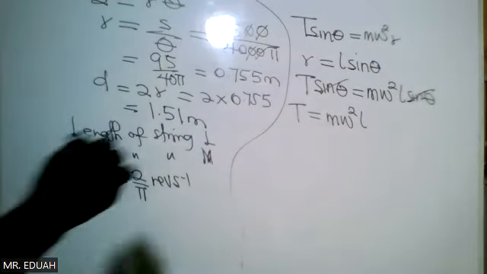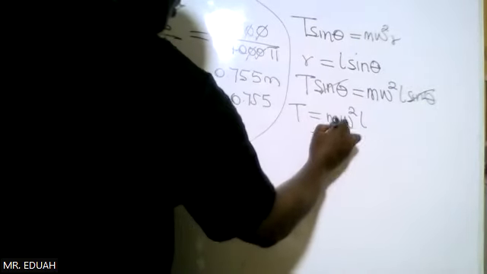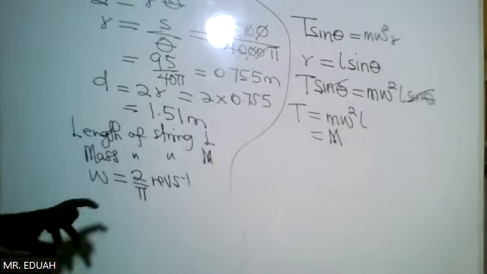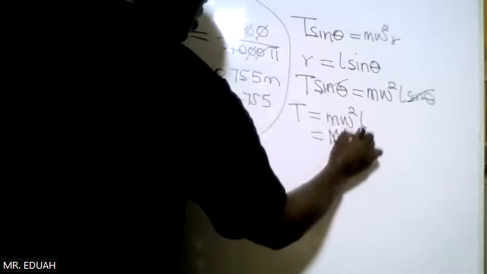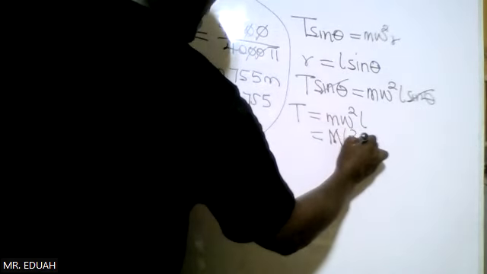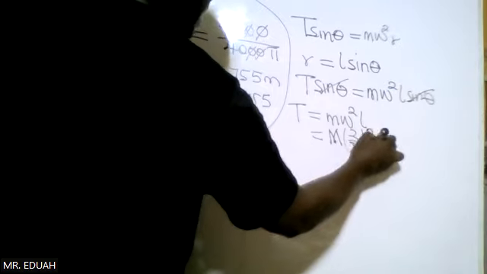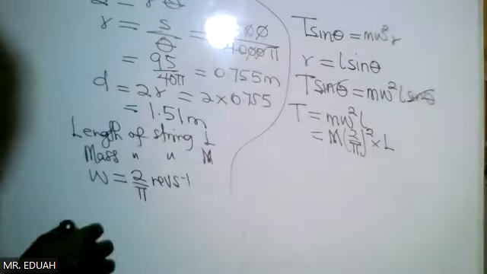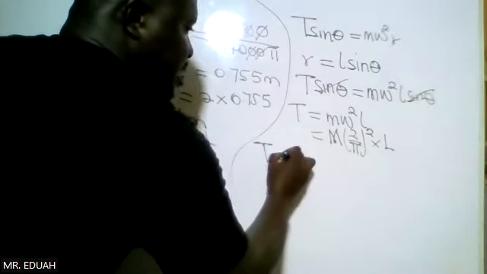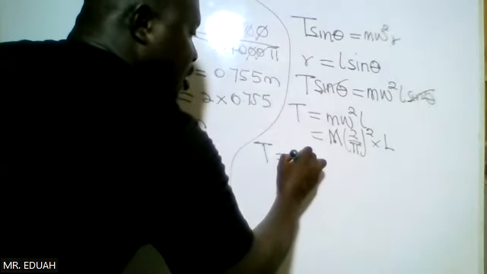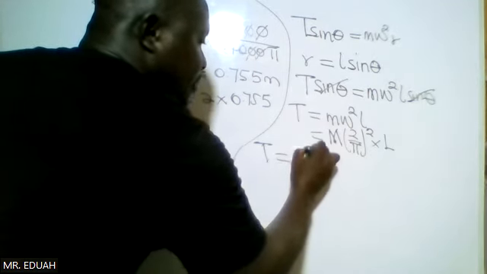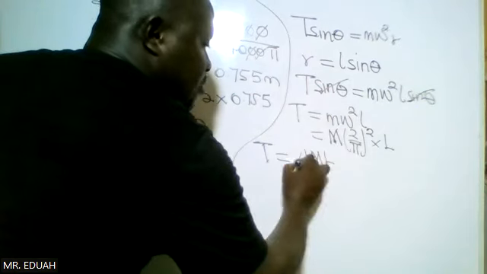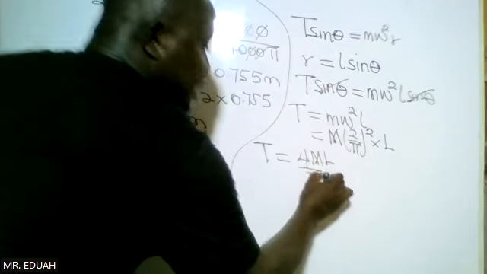The mass is capital M. Angular velocity is 2 over pi. So we have 2 over pi squared times the length L. And so the tension T would be equal to 4 M L over pi squared.